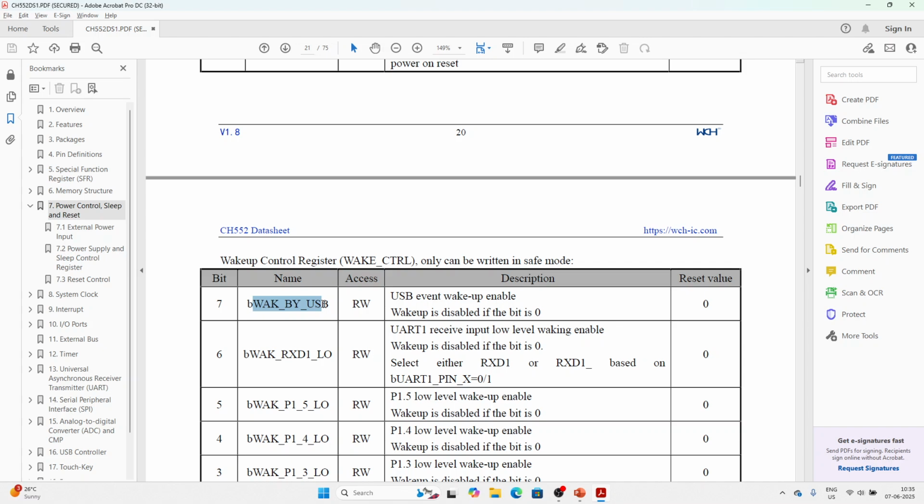Wake by USB. It has both read and write access. USB wake event wake up enable, wake up is disabled if the bit is 0. Right? So if we want to wake up that particular chipset when we receive a low signal on port 1 fourth pin.